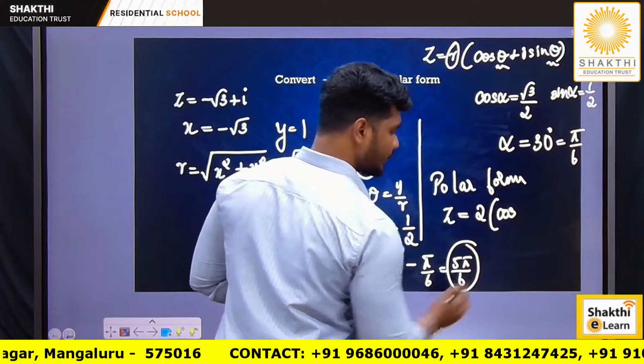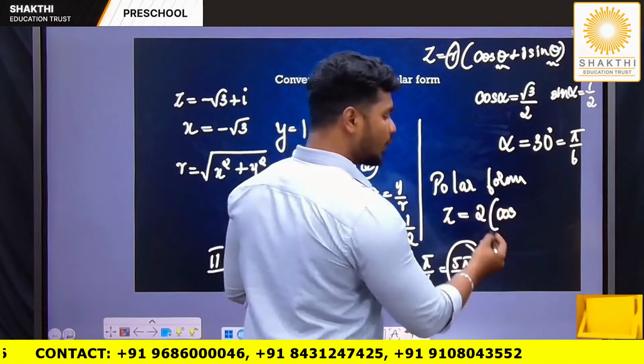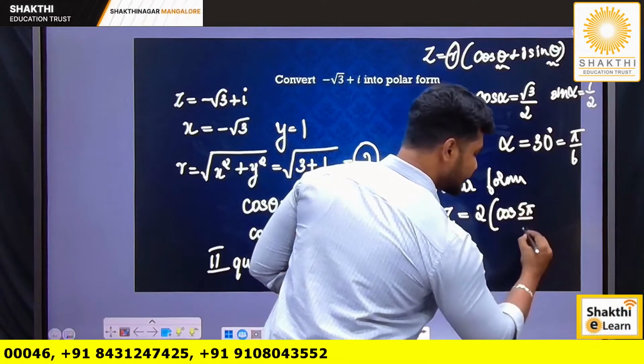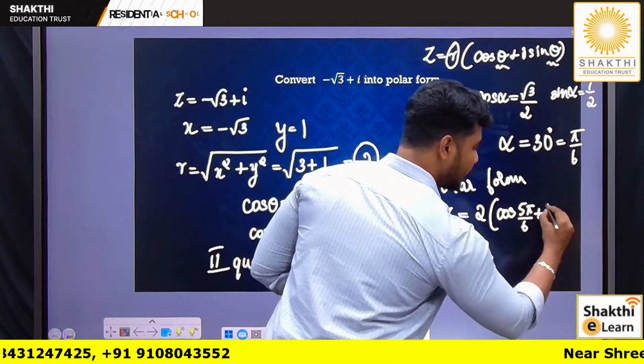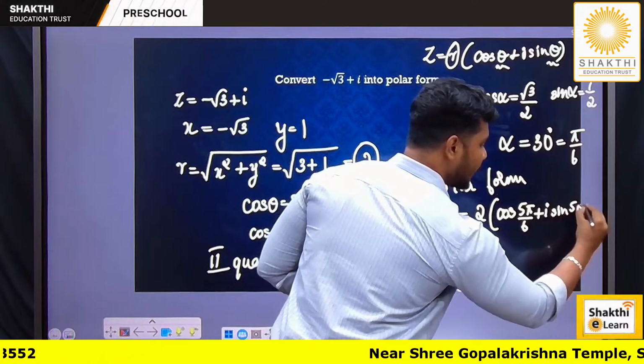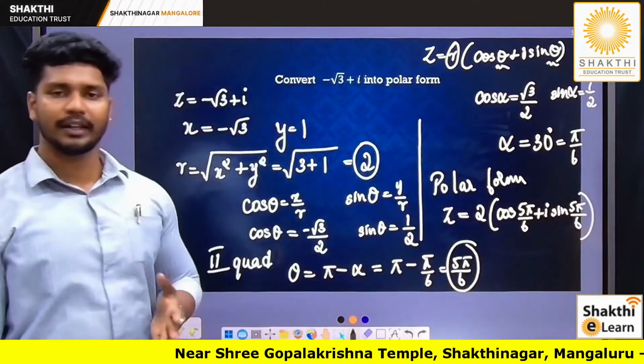Z is equal to 2 into cos 5 pi by 6 plus i sin 5 pi by 6. This is the polar form of the complex number.